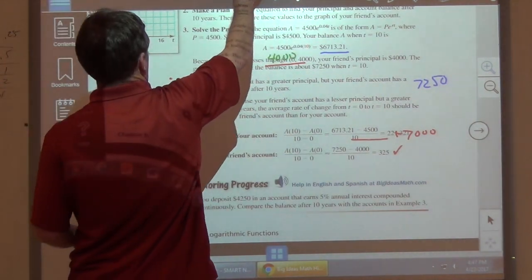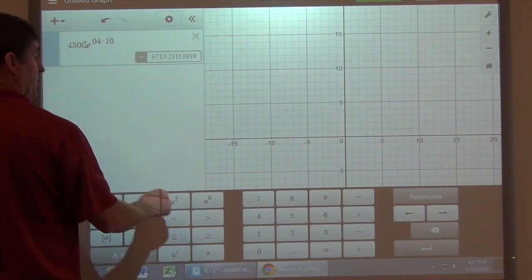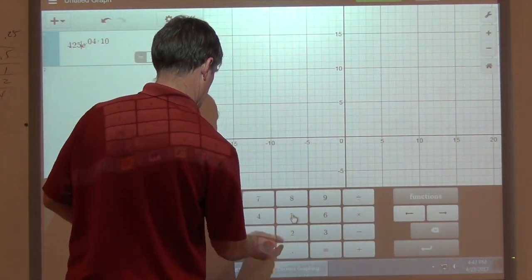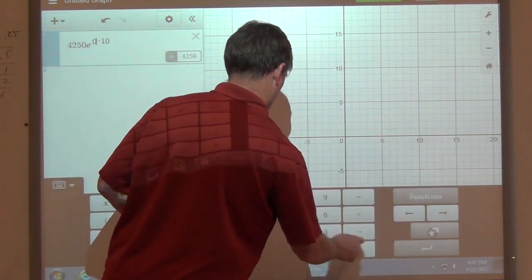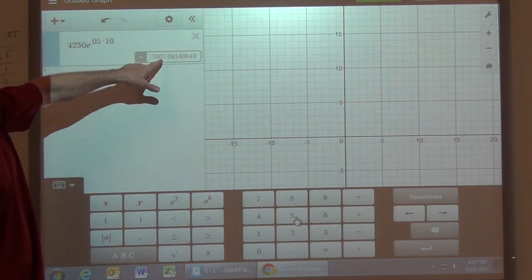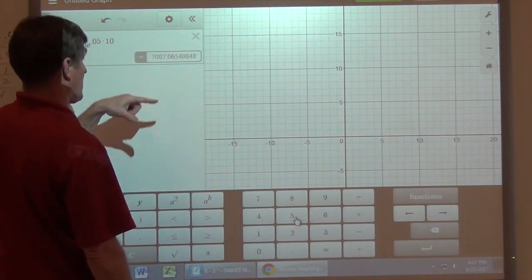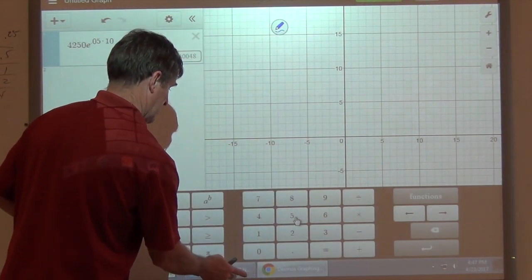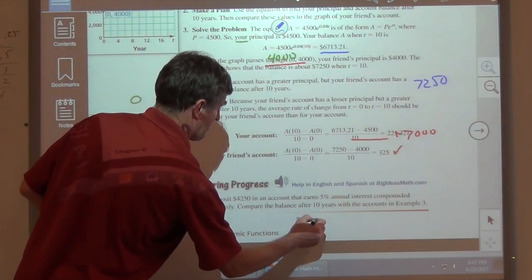So if we go to the calculator, we're going to go 4,250, but we're going to do 5%, so 0.05, and we can see that we're going to have $7,007.07 in this account.